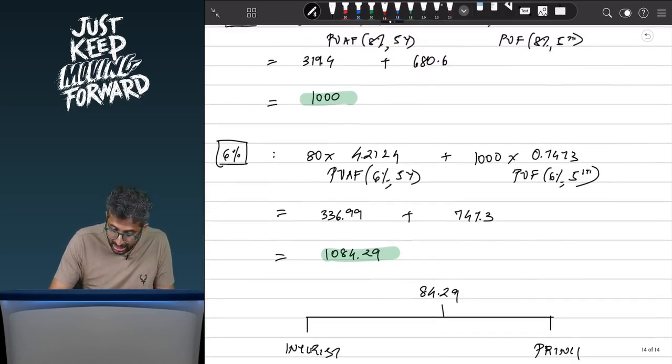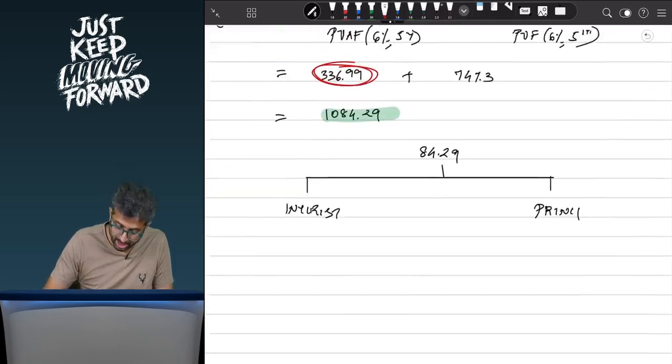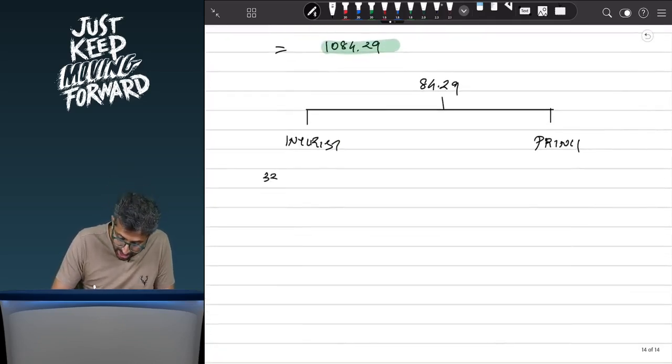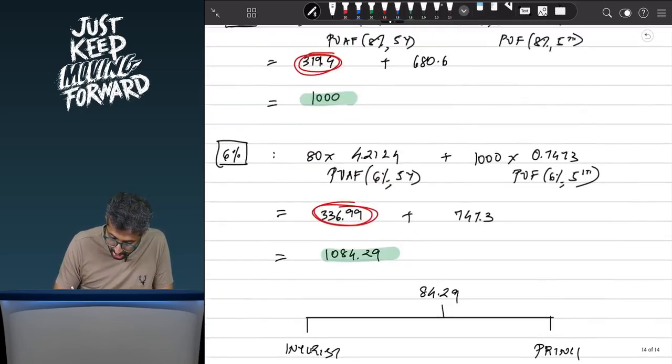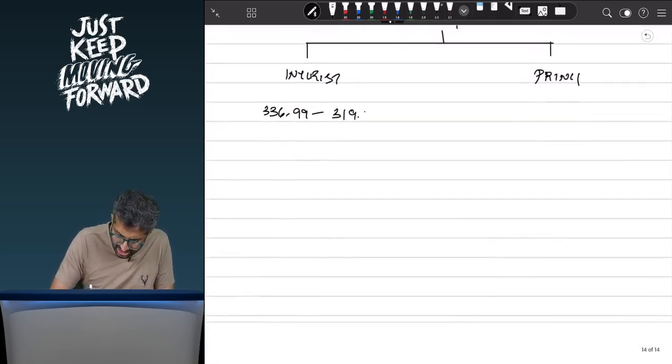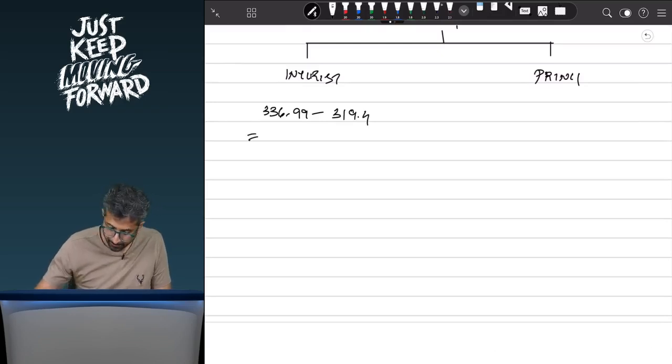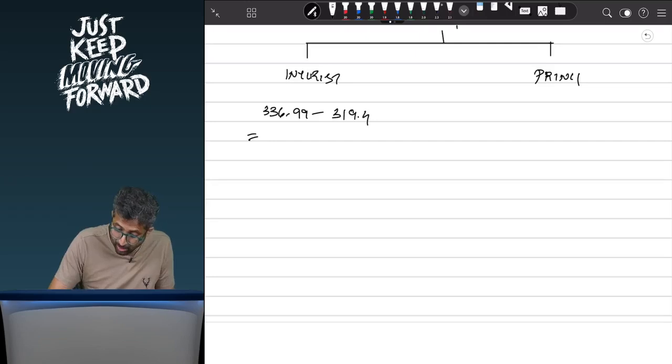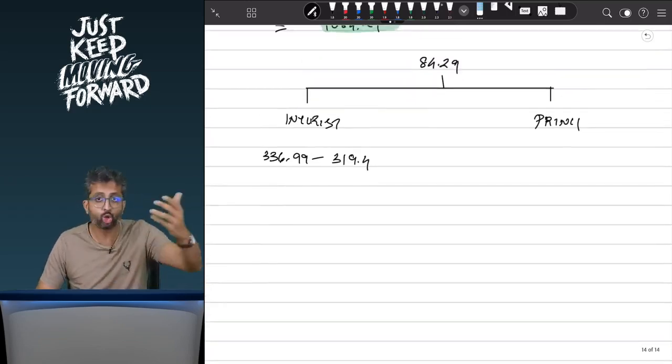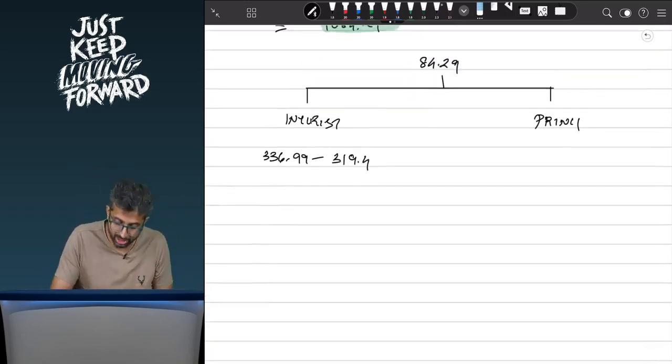Well, interest earlier contributed 319, now it is contributing 336. So I will say 336.99 minus 319.4, that is around 17.59. Can I say 17.59 out of the total 84 is contributed by interest?